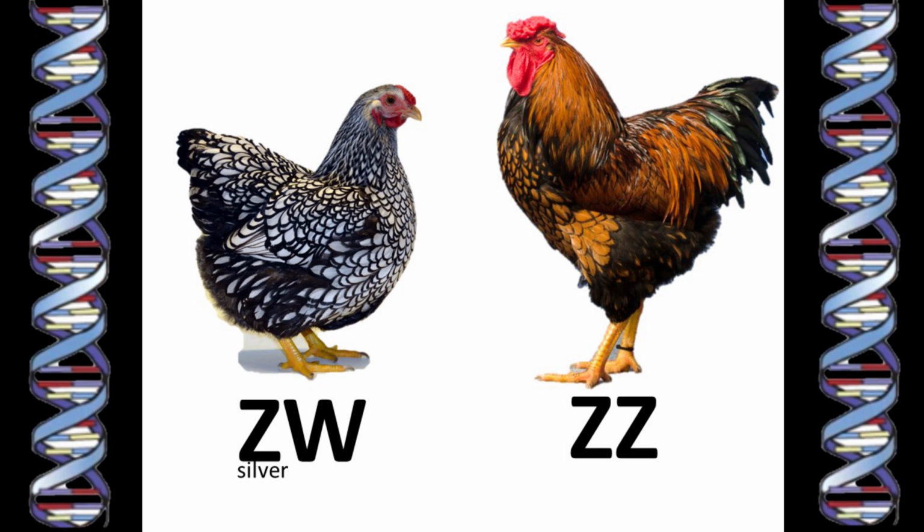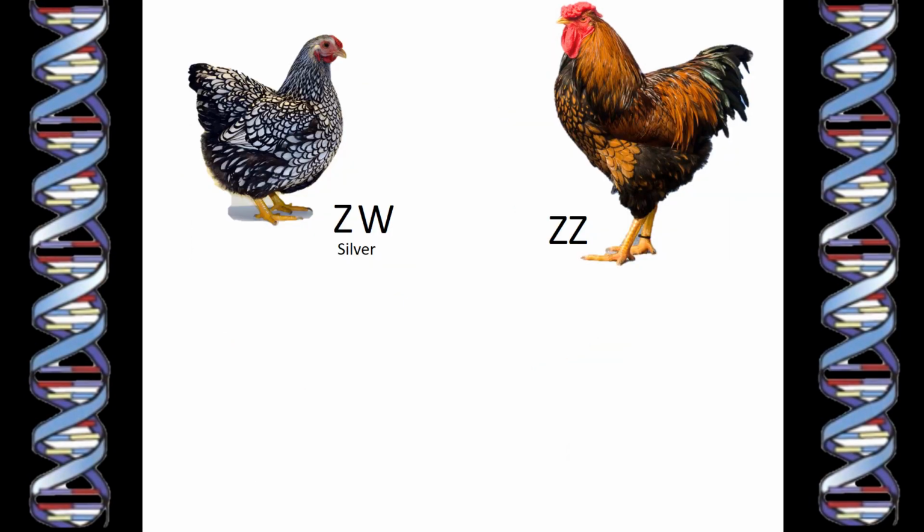That's right. If we cross a gold-laced rooster with a silver-laced hen, all the boys will be silver-laced and all the girls will be gold-laced. Remember, that's because the males have 2 copies of the Z chromosome and the silver gene is dominant.